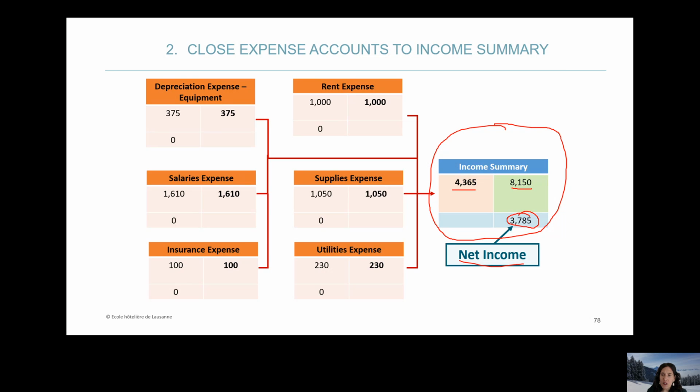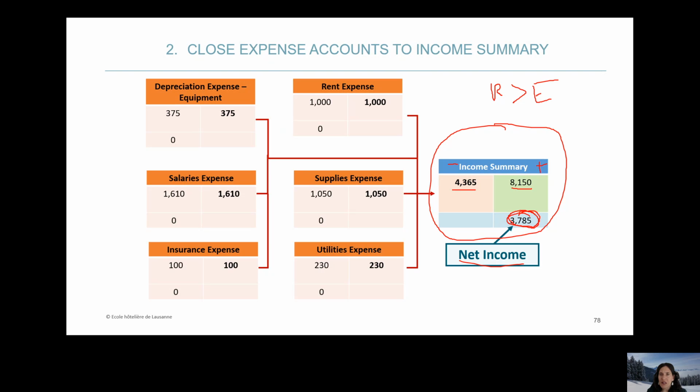So a lot of students ask me, what type of account is the income summary account? Is it a minus plus account, or is it a plus minus account? Well, the answer is it depends. It depends if the revenues are greater than the expenses, which is the case here, then you have a net income that you have on the credit side of the T account.